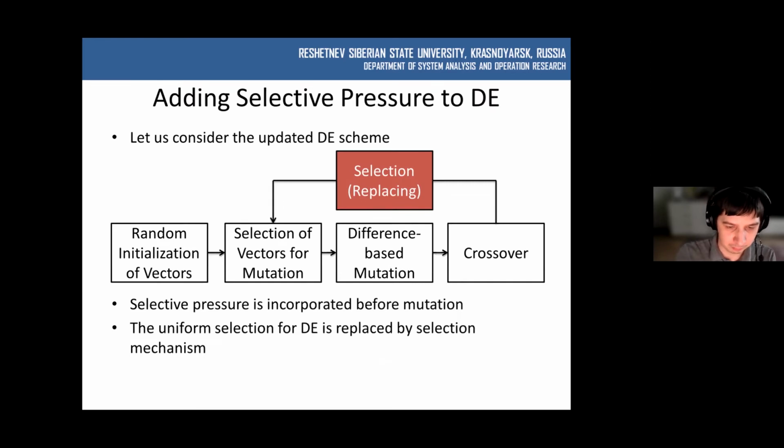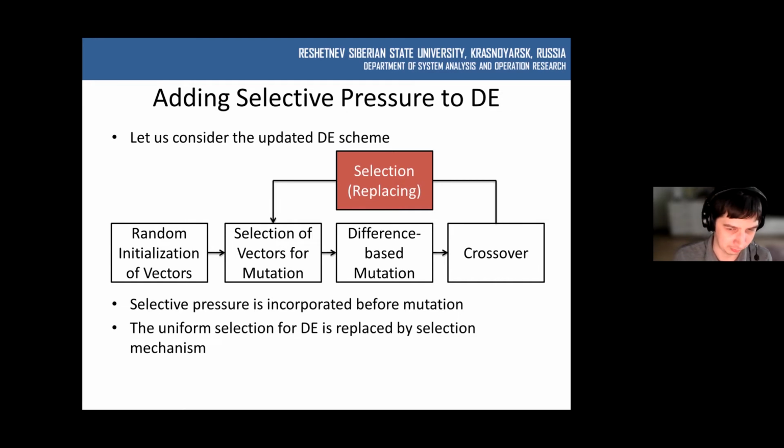But before this, just a couple of slides. In 2008, when we participated in the competition, we also added selective pressure. This is another way to improve differential evolution, because no one was actually using selection like we are used to, like tournament or rank-based selection in genetic algorithms. This was not present in differential evolution.